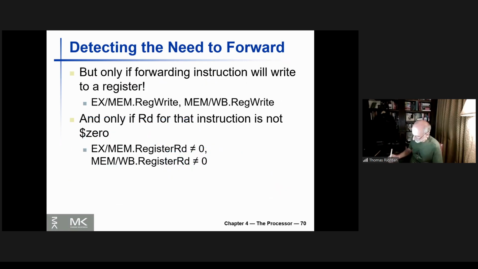The first detail that we'll add is that we'll only do this if the value that we're staging along, that value 2, register 2, is going to ultimately be used to write the register file.